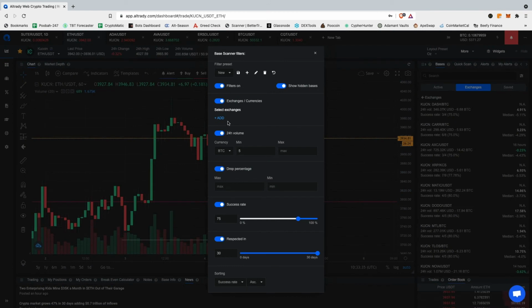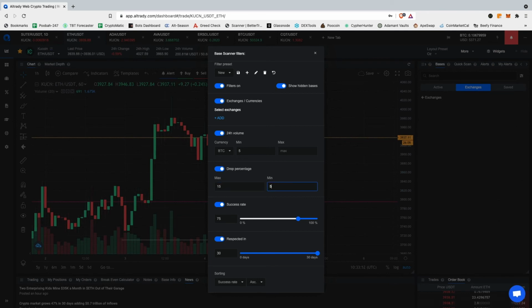You can filter it, and you can add exchanges, how much minimum volume should be there, drop percentage, let's say 10, let's say 15, and minimum 5, let's say. So you can see already things are disappearing, right?